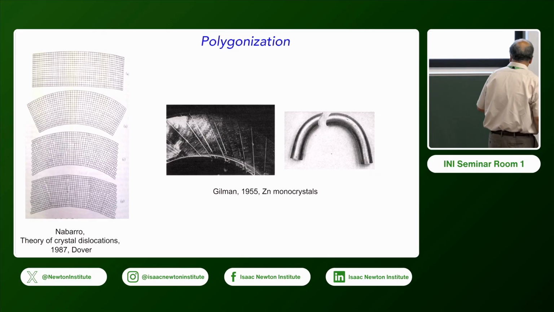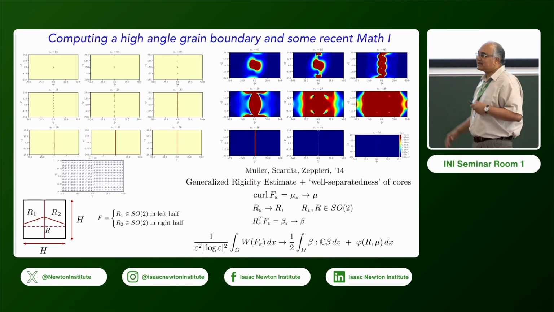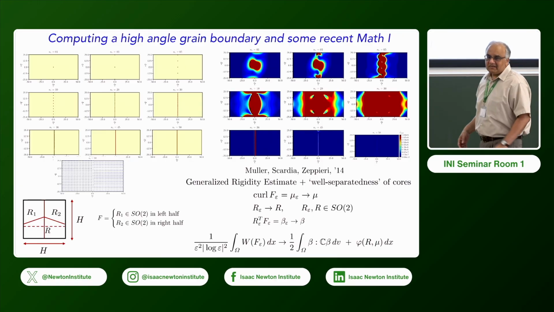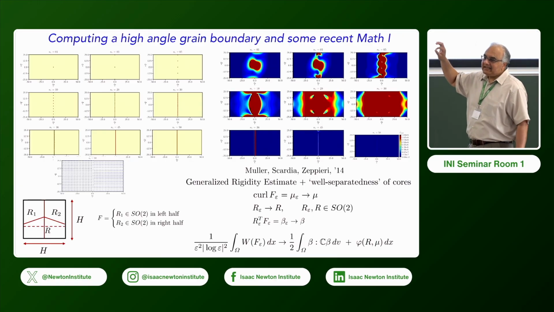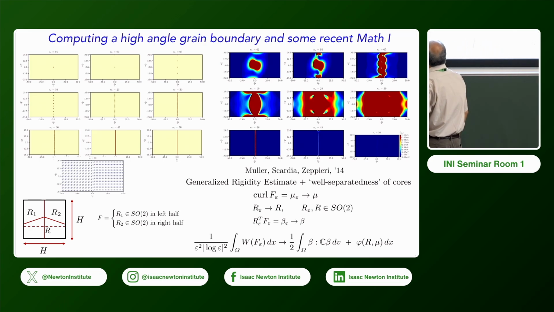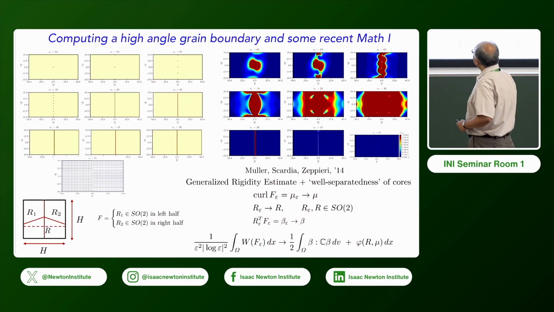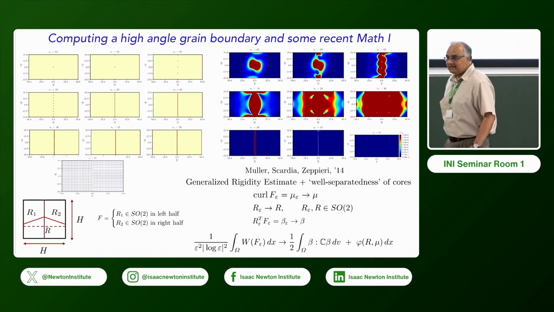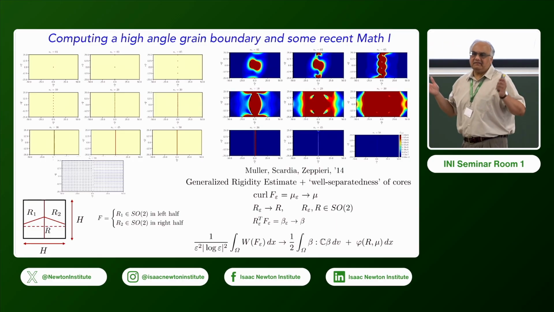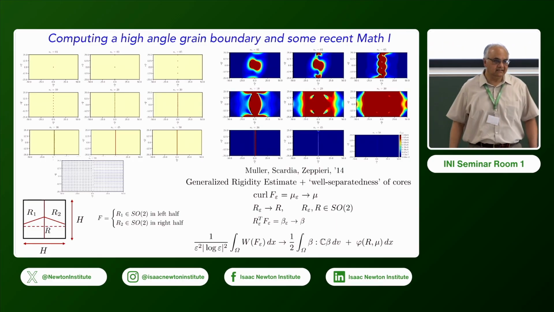Okay, so what's our calculation? I'll show you a very simple calculation of this. All we are doing is starting with creating this wall by sticking in dislocations: 1, 3, 5, 10, 20, 30, 45, 50. We calculate the whole stress field, but we'll look at the strain energy.